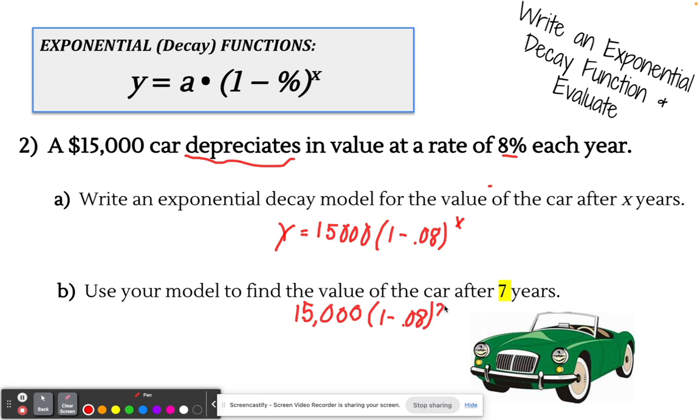You can enter that in your calculator just as it shows up: 15,000, then you put your parentheses, 1 minus 0.08, close your parentheses and raise that to the power of 7. And it will tell me that the car will be worth only $8,367 and approximately 70 cents when I round it to 2 decimal places. More than half of its original value, but still went down quite a bit.